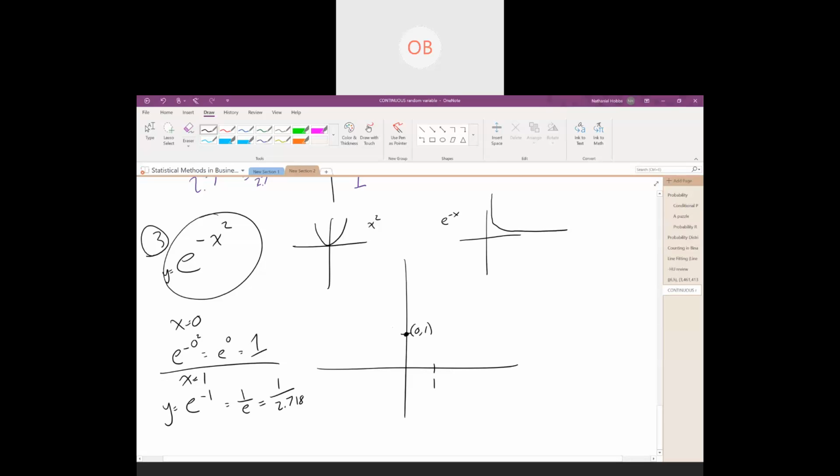I'll give you three choices: green, purple, yellow. It's 2.7, and it's 1 over that.